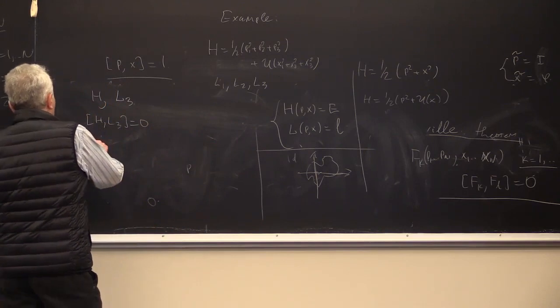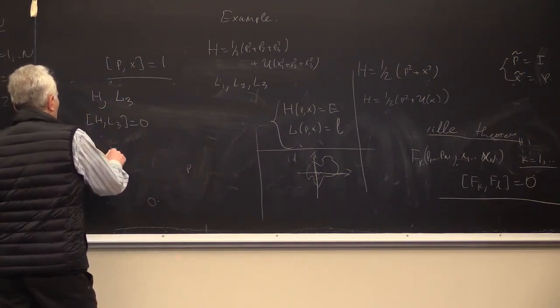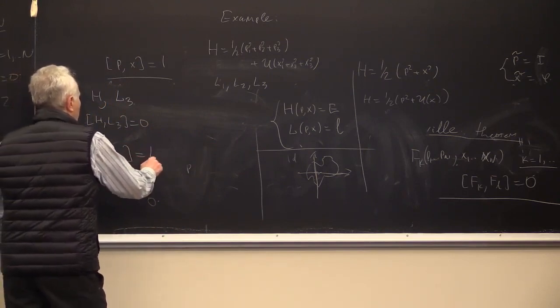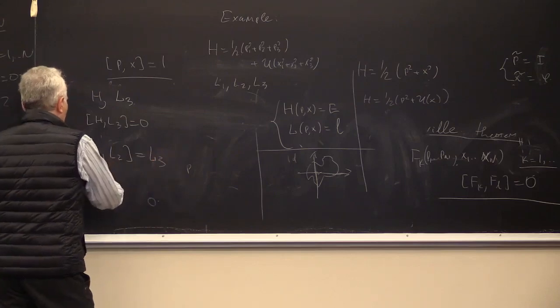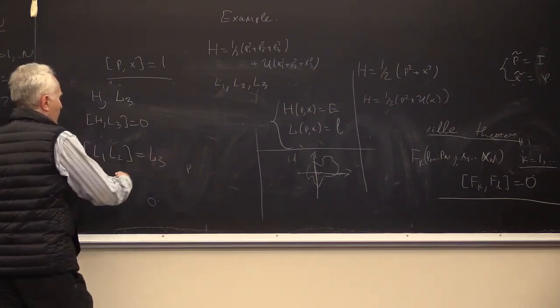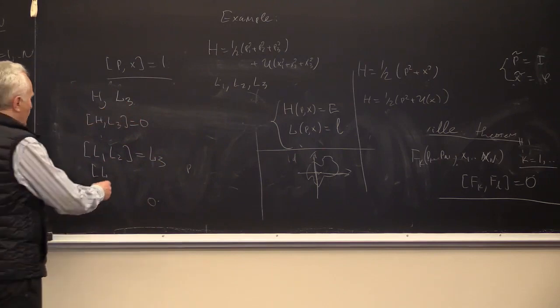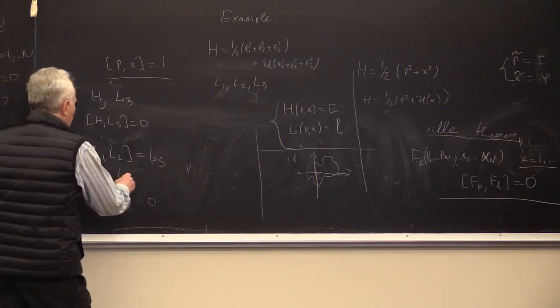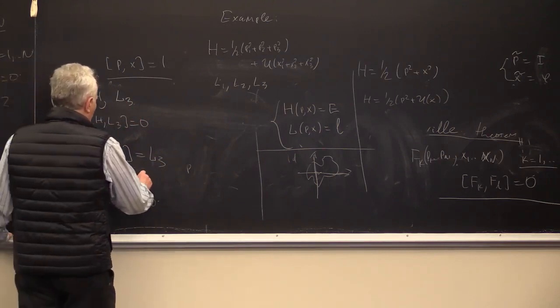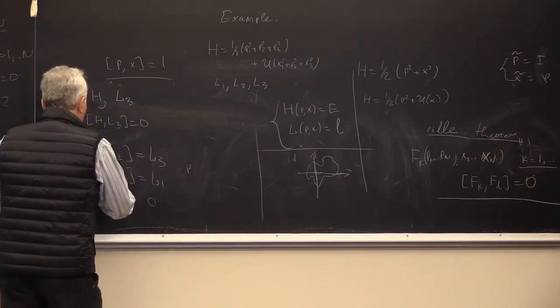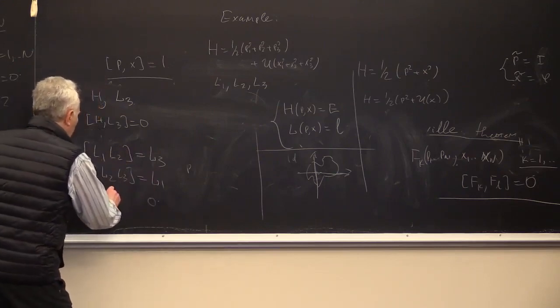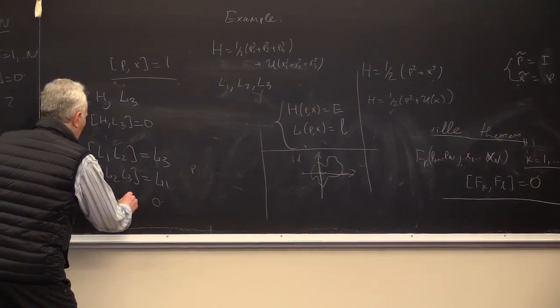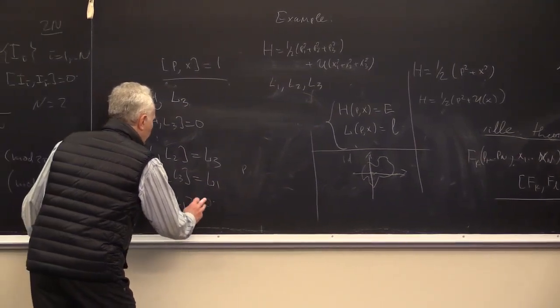What we know is the commutation of rotations: the bracket of L1 and L2 is L3, of L2 and L3 is L1, and of L3 and L1 is L2.